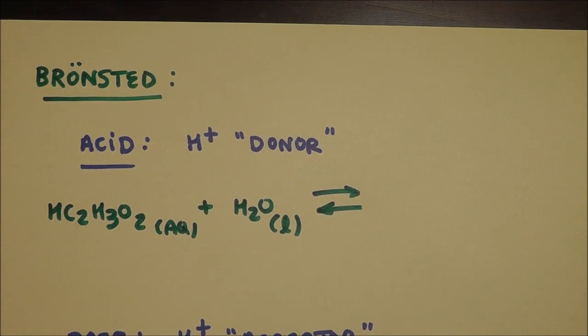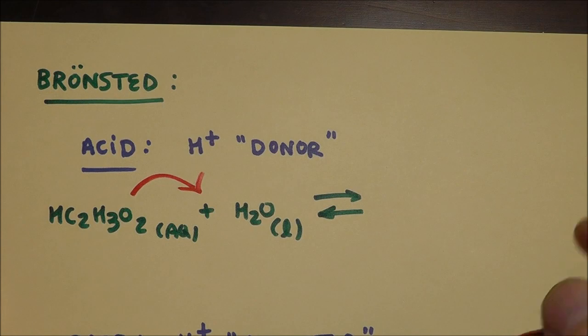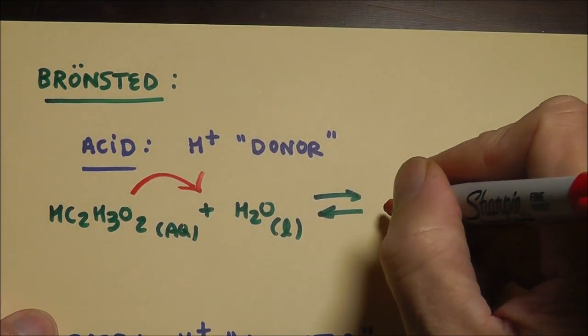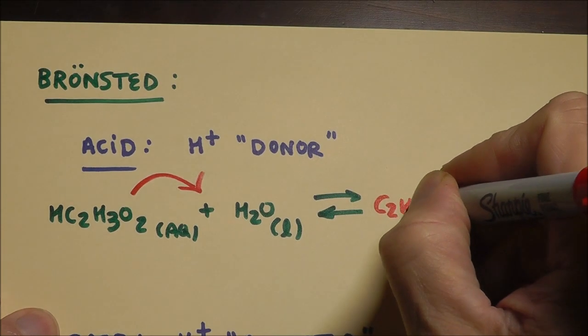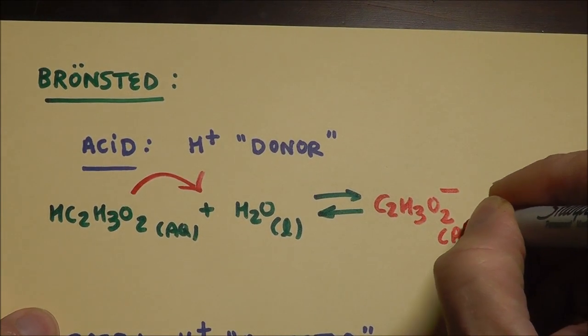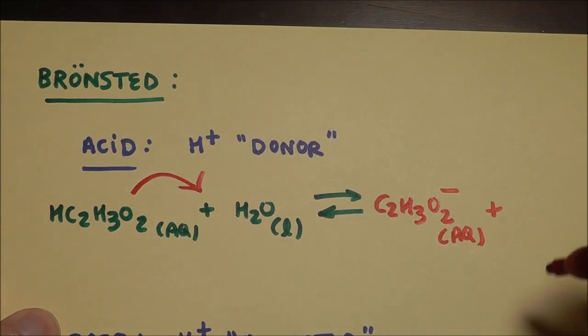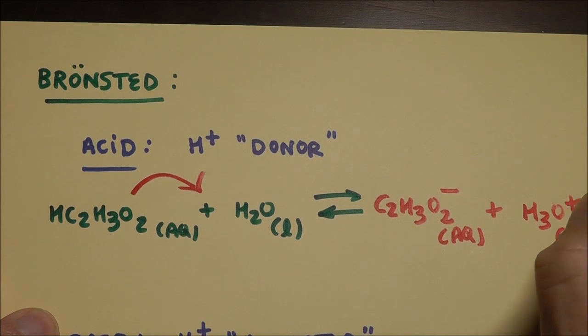Acids are H+ donors, if you want to go ahead and write it that way. And so what happens is you would still lose an H+, and this would still be the acetate ion, but you would make H3O+.